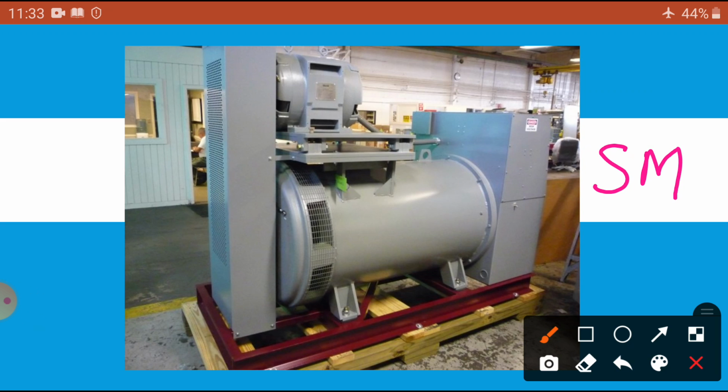In previous classes, we have discussed the overall synchronous motor, starting from its basic principles, constructions, working operation, some salient points of synchronous motor, advantages, disadvantages, and applications.